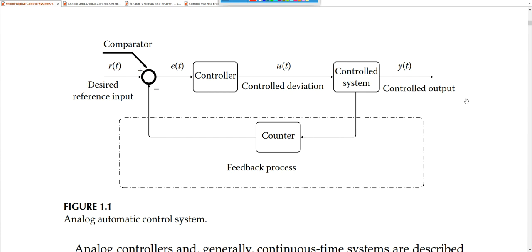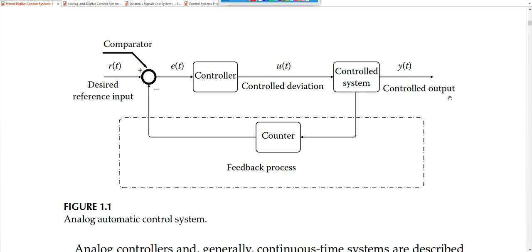Anyway, it's not working. The left side is the input, the right side is the output, and as you can see here, the arrow is from left to right, meaning whatever input you have here follows the direction of the arrow from left to right.